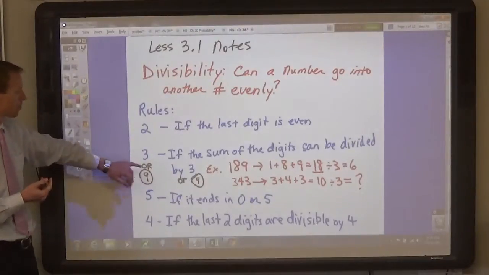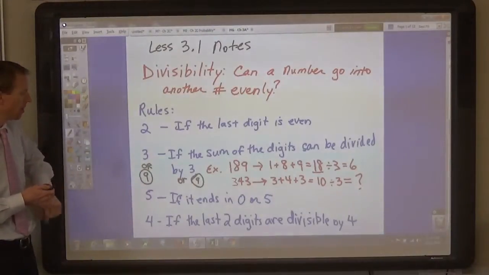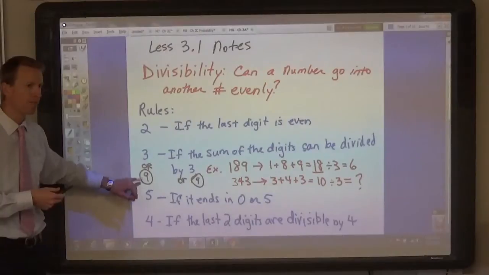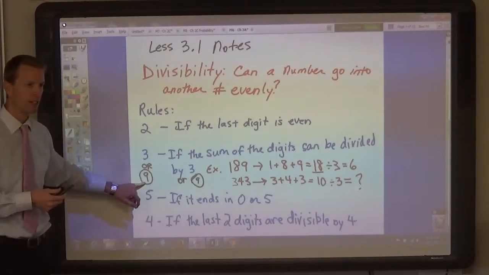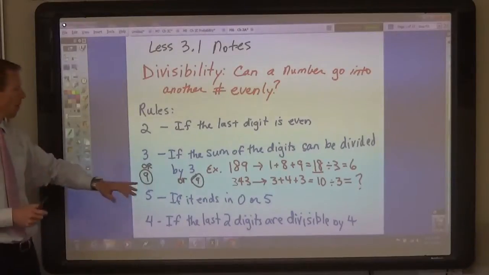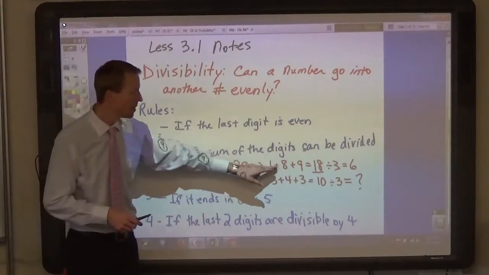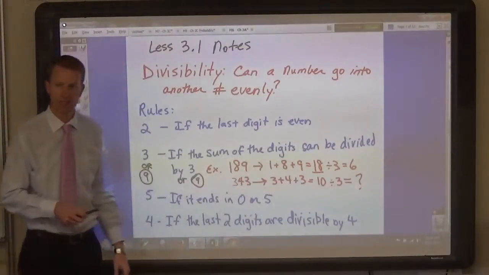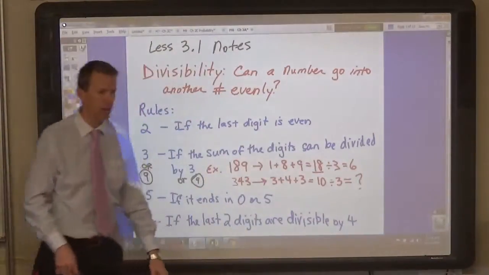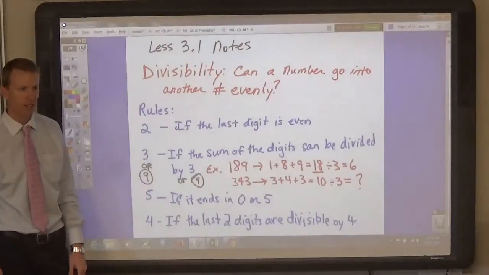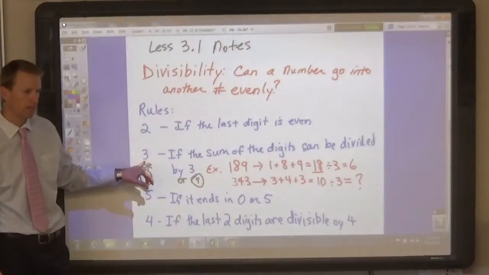So then, let's go on to 3. The rules for 3 and 9 are very similar. Here's how it works. When you're starting with a number, if you add the digits together, and the sum is divisible by 3, then the number is divisible by 3.